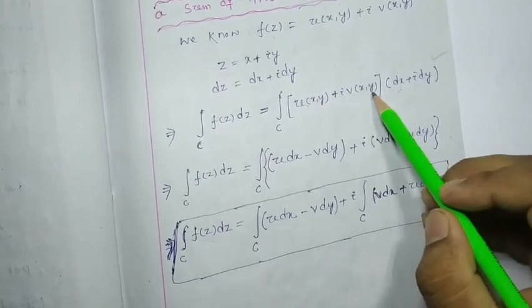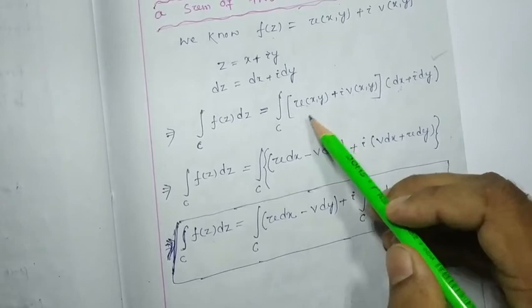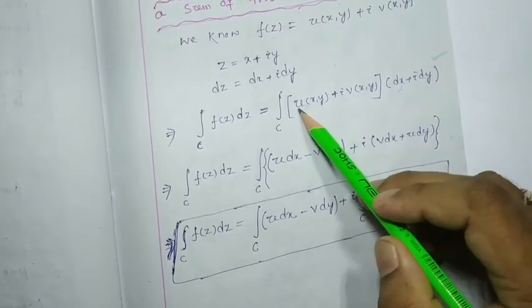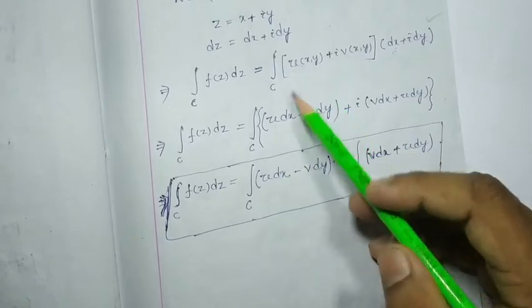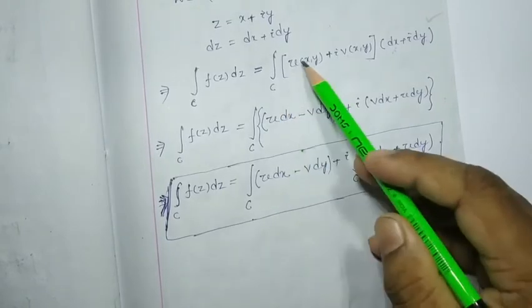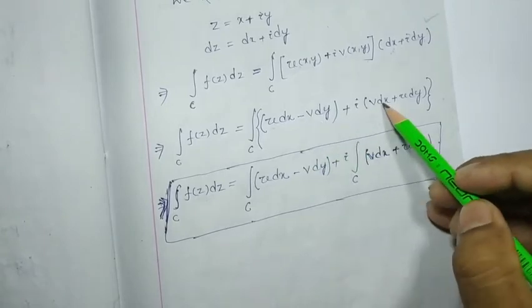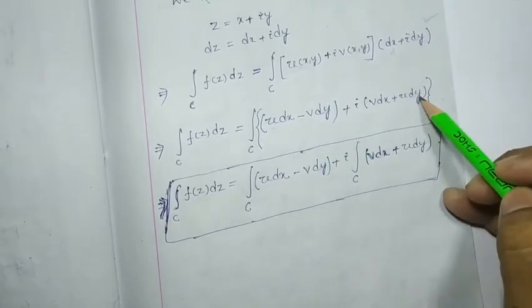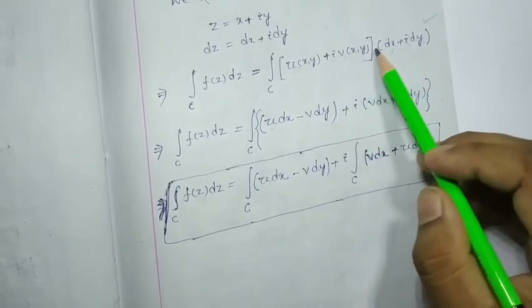I have not written the function of x, y in the next step; I just straight wrote u. So u dx minus v dy plus i times v dx plus u dy. You just multiply this with this, and you are going to get the four terms.